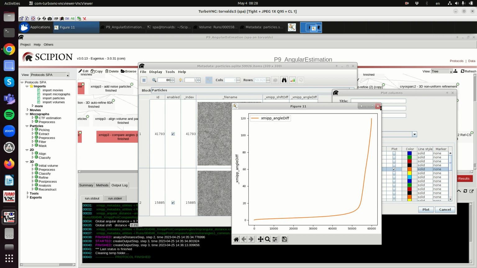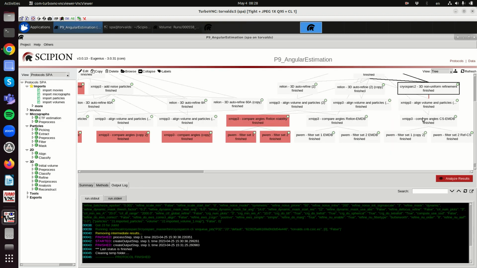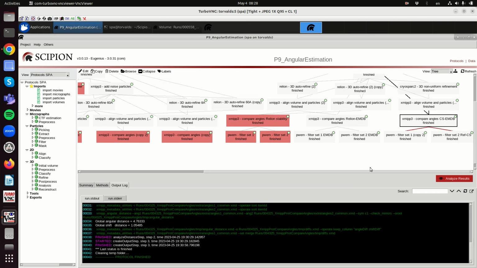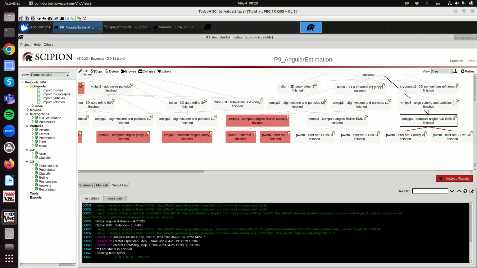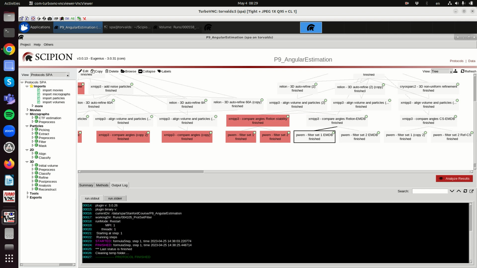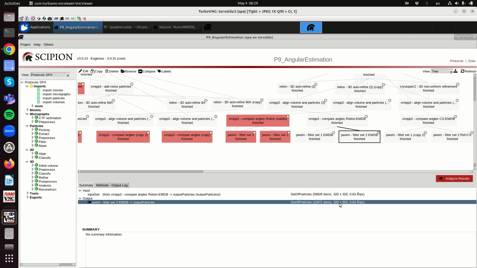Okay, and now we can estimate, for instance, this is CryoSPARC. We can compare CryoSPARC to the EMDB, and here we see that it is more similar, but it's still within the range of this uncertainty that we have because of the noise. We can also compare how many particles share the same alignment within 1 degree and 1 pixel, so not so many with the EMDB and Relion, and a little bit more with 2 pixels and 2 degrees.